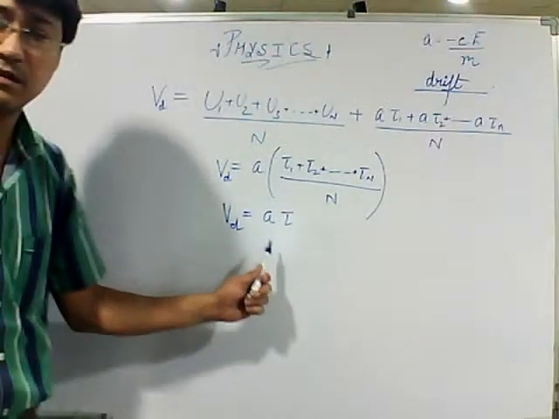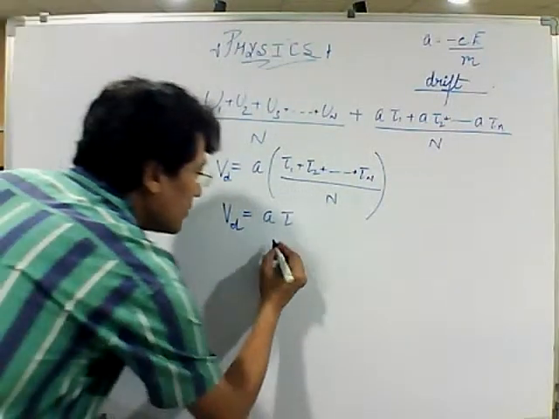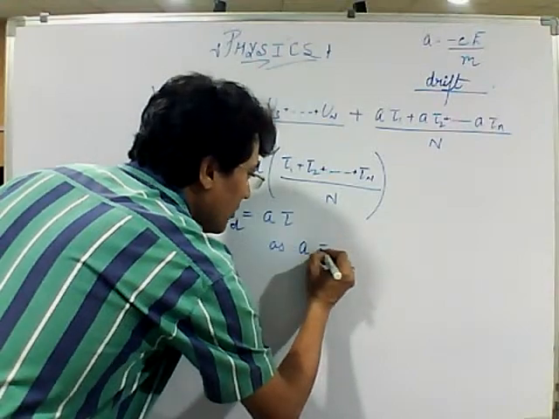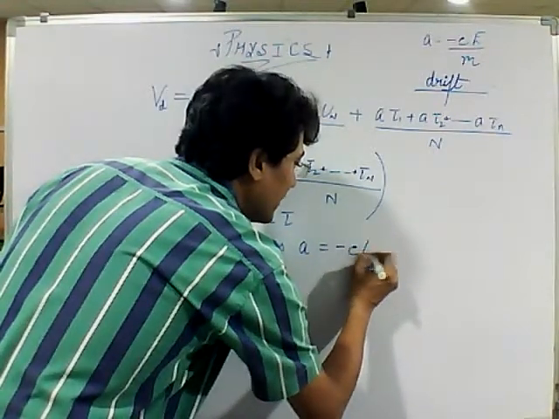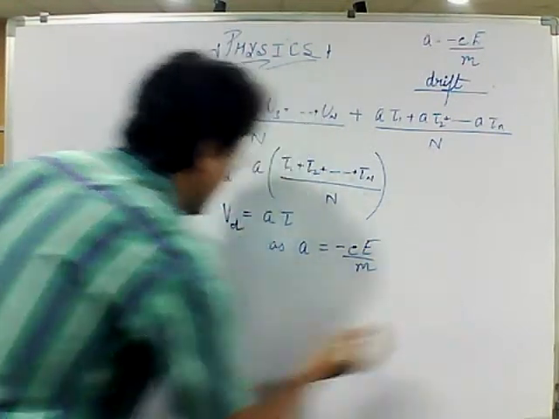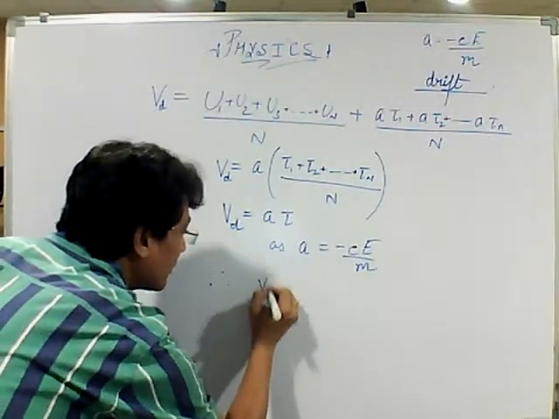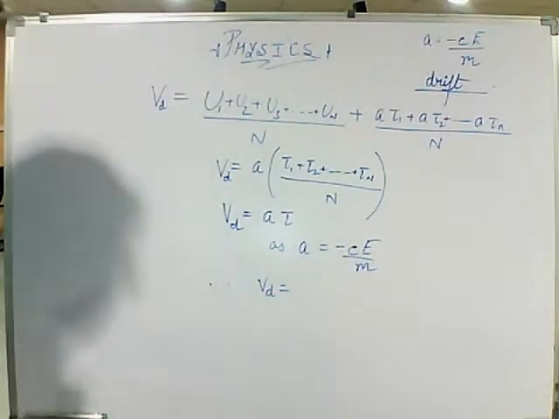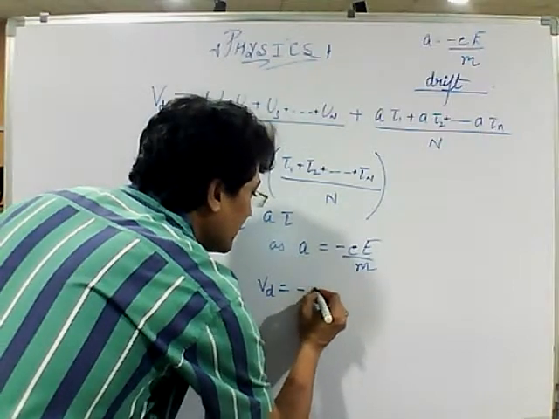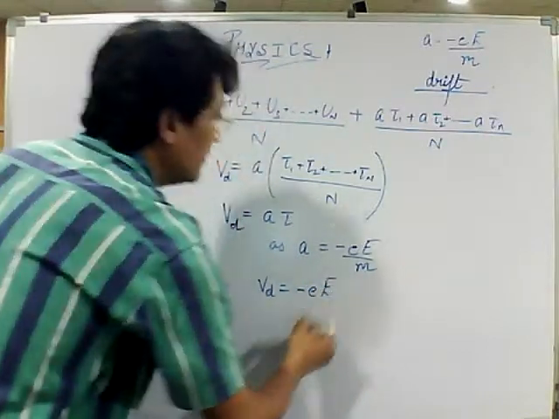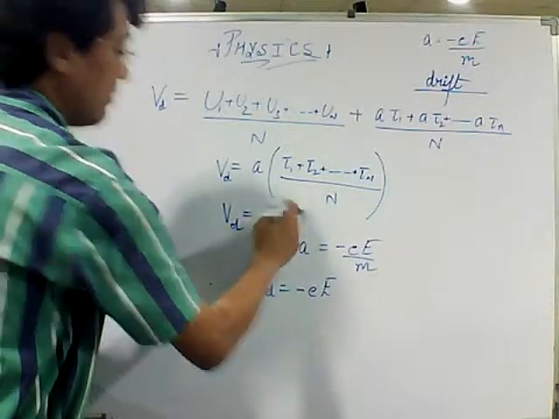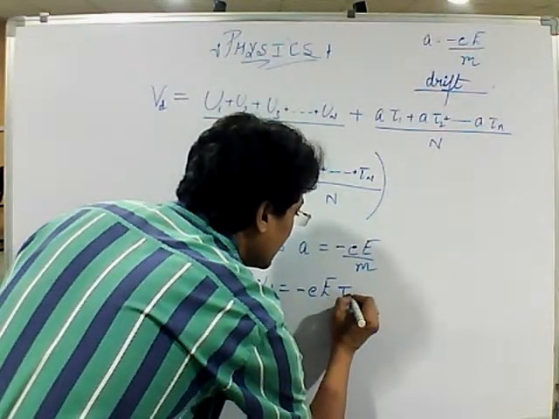As the acceleration a provided to each electron is minus eE divided by mass, the expression for drift velocity is minus eE tau by m.